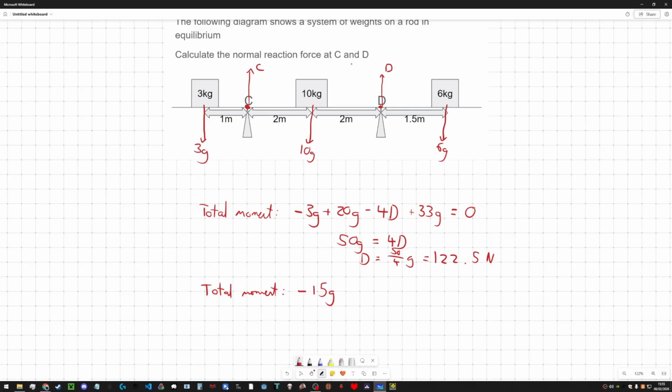Then we have the force of C, a distance of 4 meters. We have a force of 10 G, a distance of 2 meters. We don't need to consider D, since it has a distance of 0 meters. And finally, we have a clockwise moment of 6 Gs times 1.5 meters.